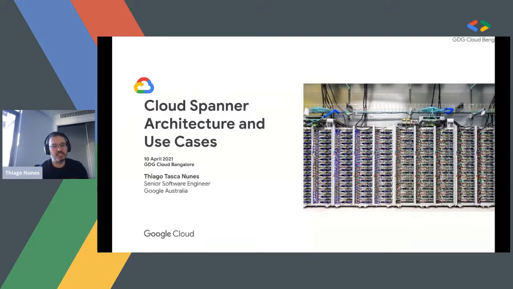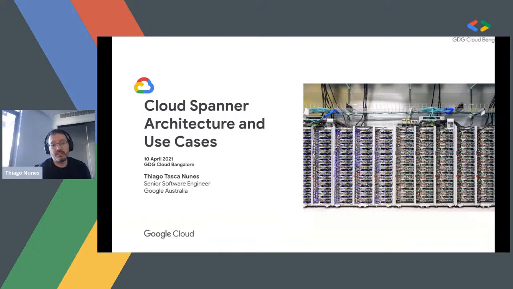So as Ransi mentioned, Spanner is a highly scalable, global, multi-regional, strongly consistent relational database. There are lots of words there, and we're going to try to unpack those during our presentation, right? Spanner is one of the most advanced distributed systems out there. It's constantly pushing the boundaries of what you can do with distributed computing.